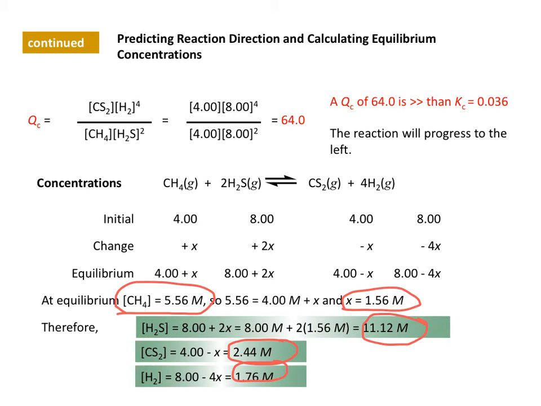And so these are all the equilibrium concentrations, and this problem started with initial concentrations. We were given an equilibrium constant value that helped us a lot. And then finally, we were given a key piece of information that the equilibrium concentration for methane was 5.56.